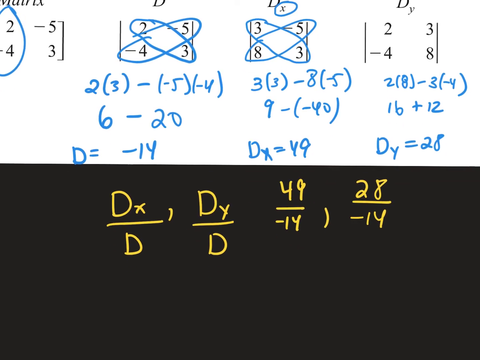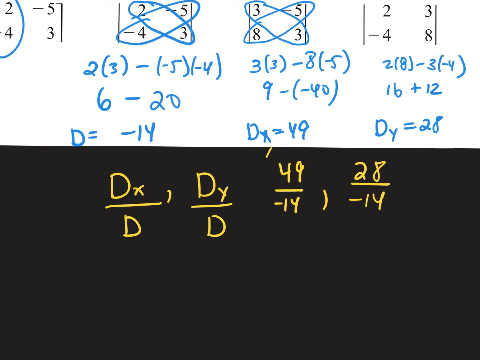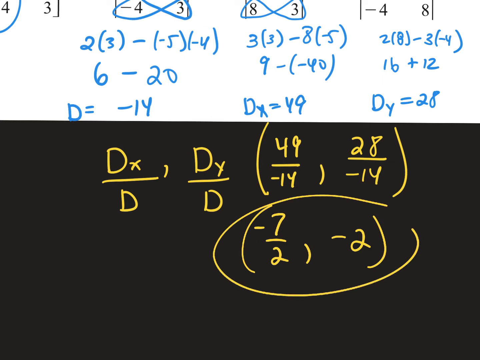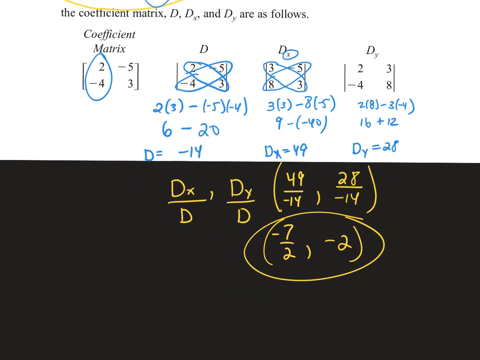What is 49 divided by negative 14? 3.5. Okay. How would you like to write it? Negative 7 over 2? Negative 3.5, however you want to. What's 28 divided by negative 14? Negative 2. And there is the solution to your system of equations.